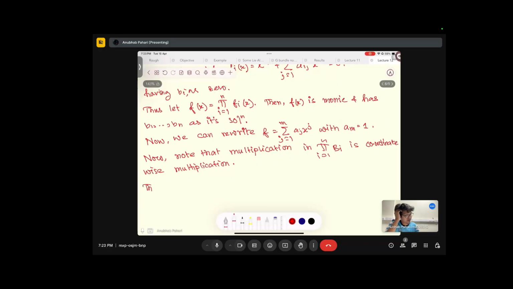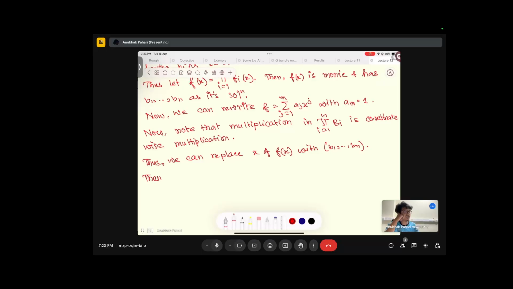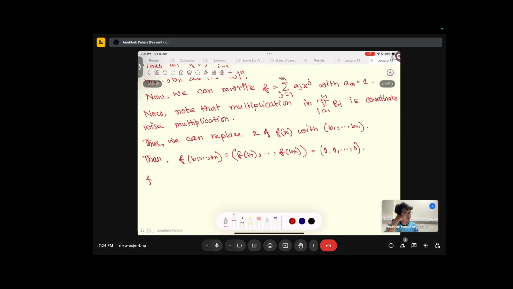Thus we can replace x of f(x) with b1 to bn, then f(b1 to bn) is f of b1 comma f of bn, which equals 0, 0, up to 0, and 0, 0, up to 0 is 0 in this product.